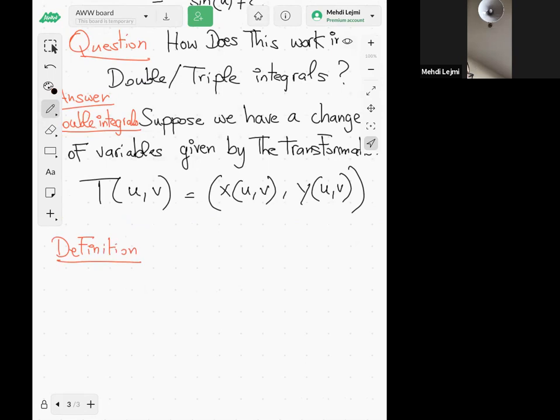The word Jacobian comes from Jacobi, who was a German mathematician of the 19th century.